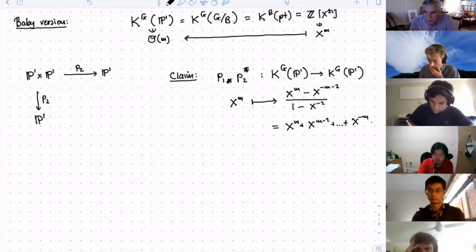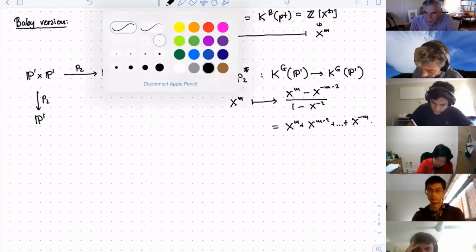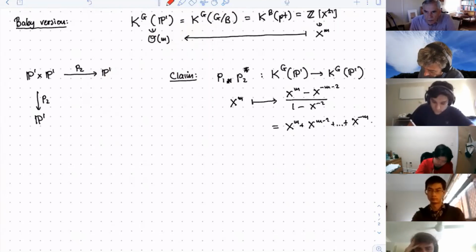Okay. And why is that the case? So this is part of a Cartesian square.